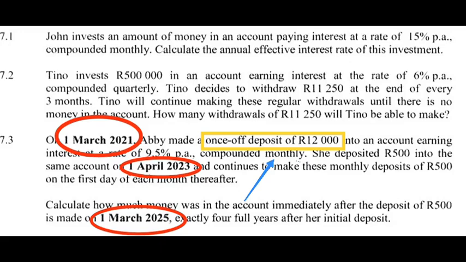So we need to work out the initial deposit, which is compounded monthly, first. Then from 1st April 2023 to 1st March 2025, we need to work out an annuity due during this period. I'll show you how to solve this question.